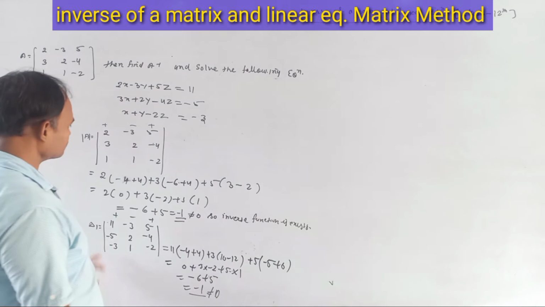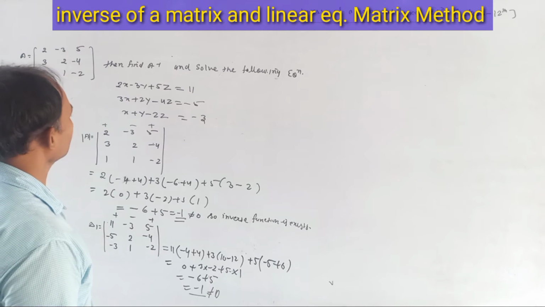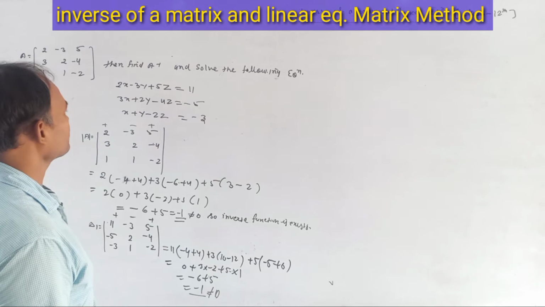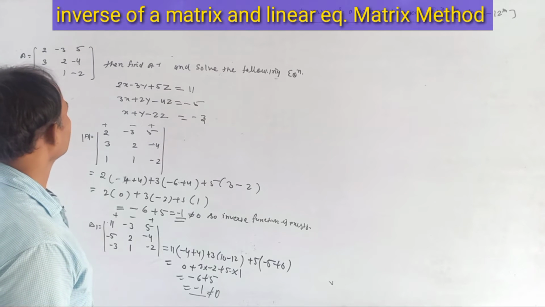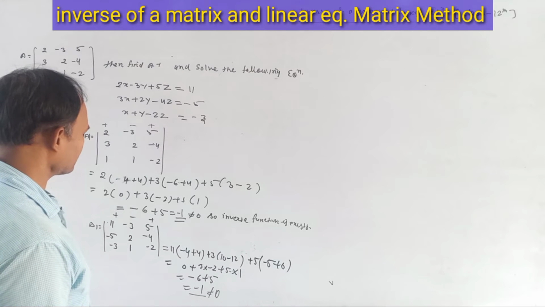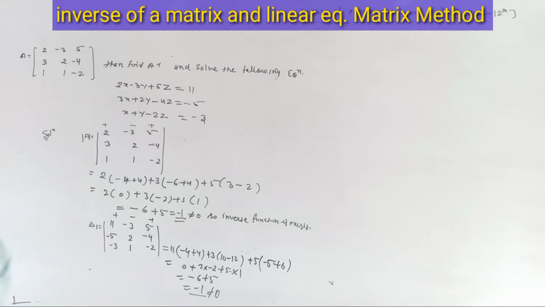It is not given what method we have to apply here, to find A inverse and solve the following equations. So we can apply Cramer's rule also, and you can solve it by the matrix method also.